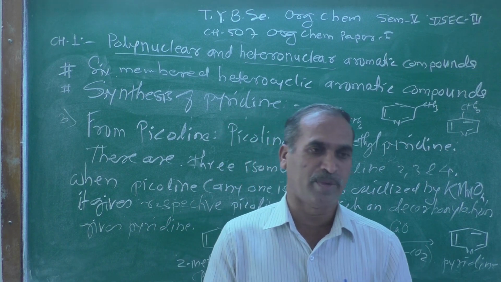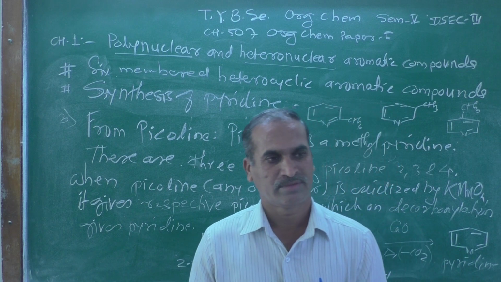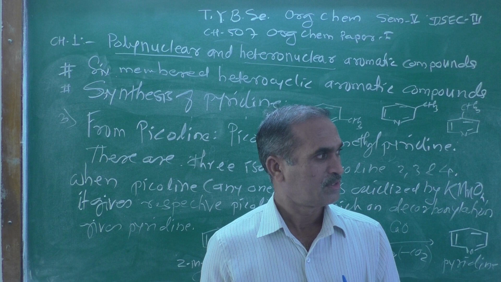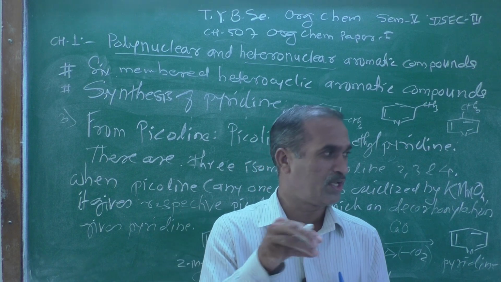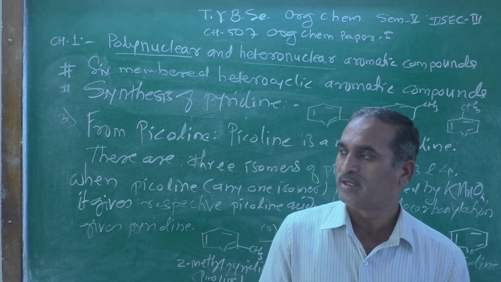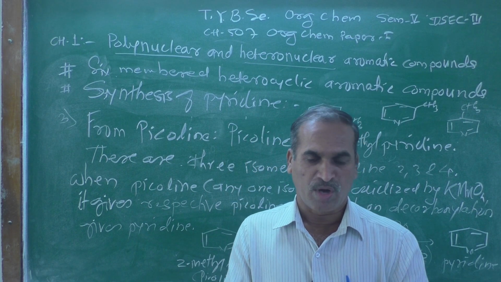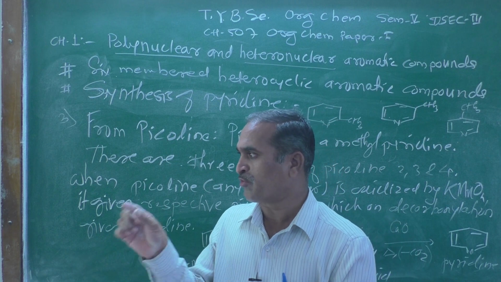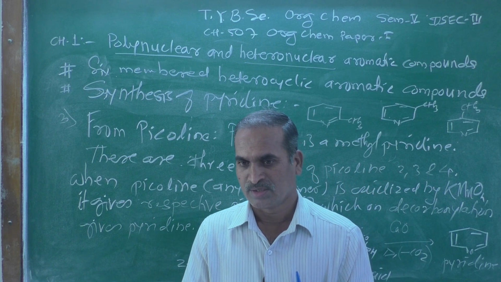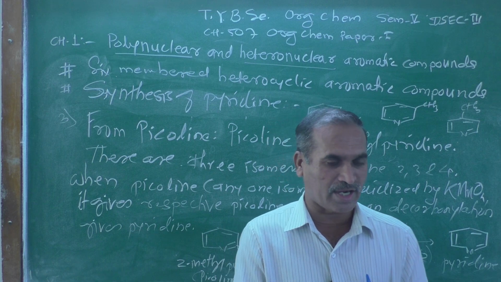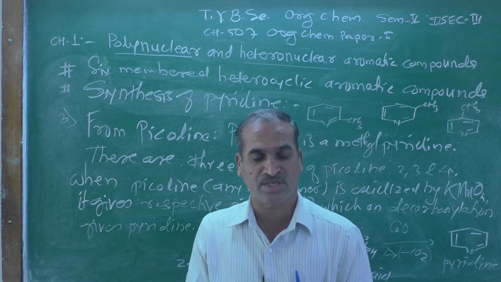And after synthesizing those 5-membered rings in the laboratory, we have also discussed the different commonly known reactions. They undergo electrophilic substitution reaction mainly at 2 position. Why do they undergo electrophilic substitution reaction mainly at 2 position? We elaborated that point by considering the resonating structures.